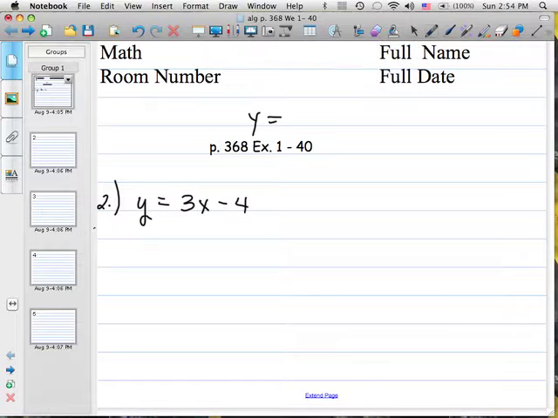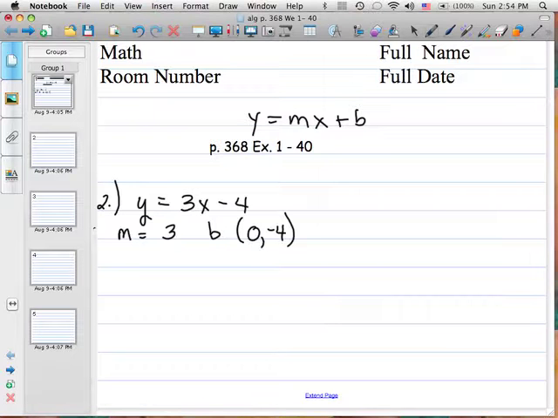Remember, it's y equals mx plus b. So the slope, and we'll always identify the slope with the letter m, is 3. And the intercept is -4, but I always put the ordered pair. Excuse me, x is 0, y is -4.